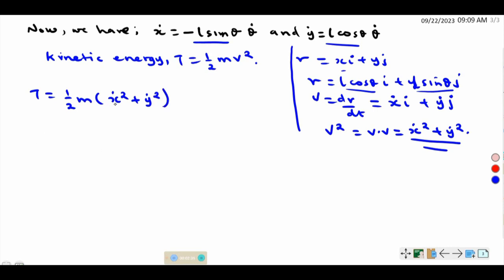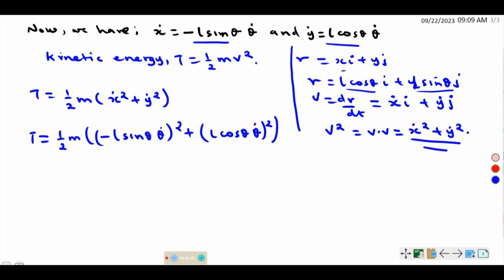But we have x dot and we have y dot. So we shall simply substitute that and have a half m into negative L sine of theta dot, the whole of this one here is squared, plus y dot is L cos of theta dot, the whole of this will be squared.